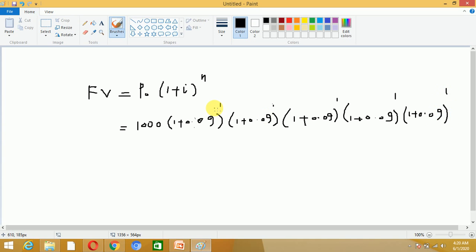So see, you receive interest 1, 2, 3, 4, 5 times.